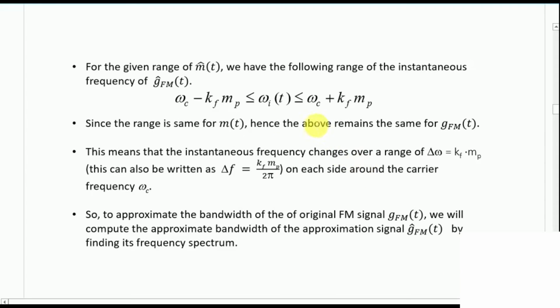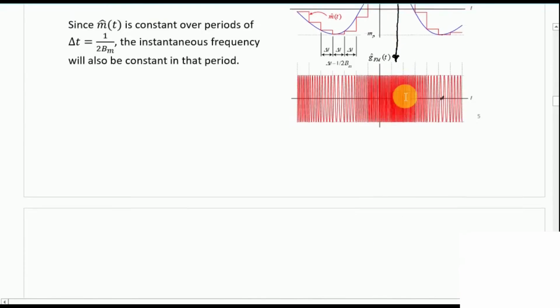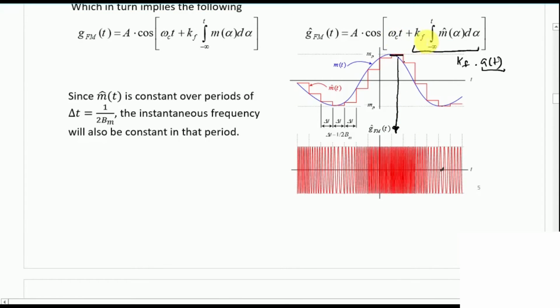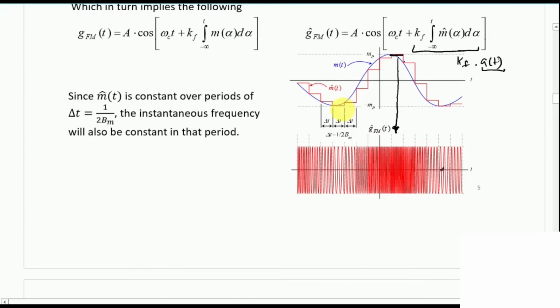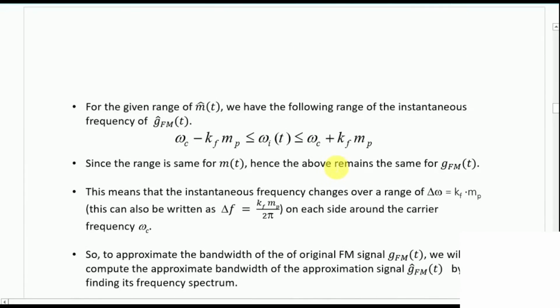So we can say that the instantaneous frequency is basically upper bounded by omega c plus kf mp, where mp is the peak value, and lower bounded by omega c minus kf mp, which is over here, right?